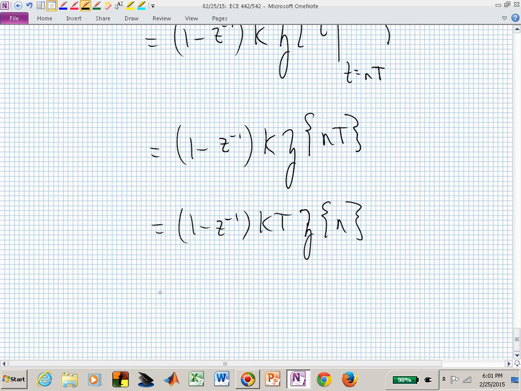And I'm getting close to using that result that I just derived.